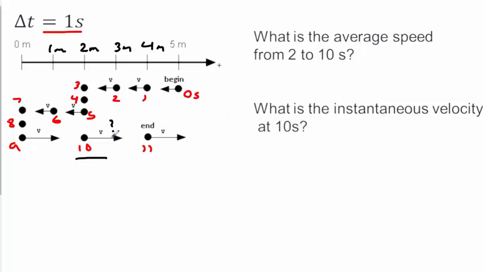Now, in truth, there's no way to directly get at it, but I can realize something about this motion. For a given chunk of constant velocity motion, like I'm just zooming in from this 9 second to 11-second interval, my velocity at every point in time has to be the same as my average velocity from here to here.